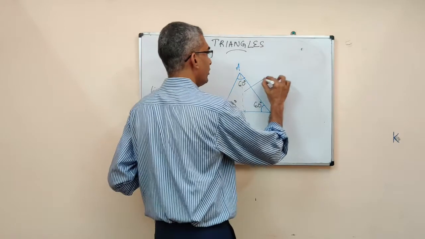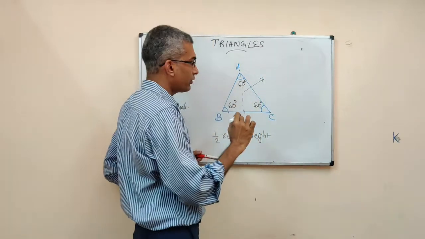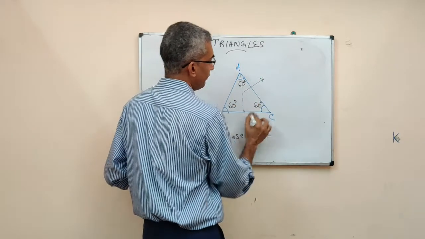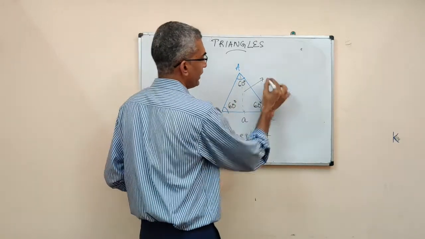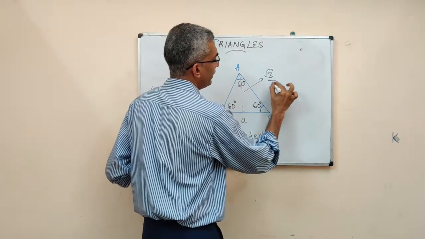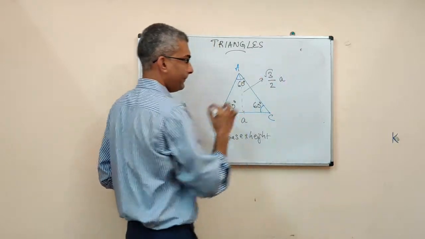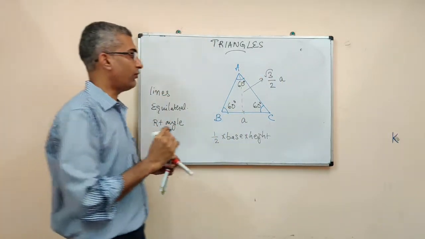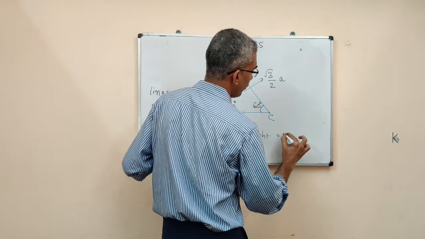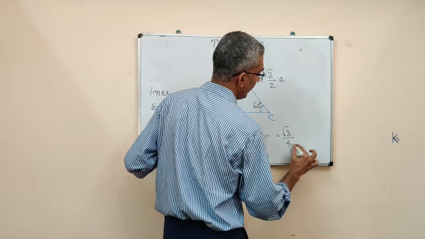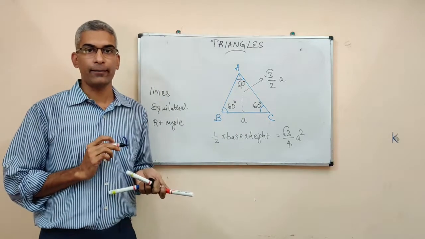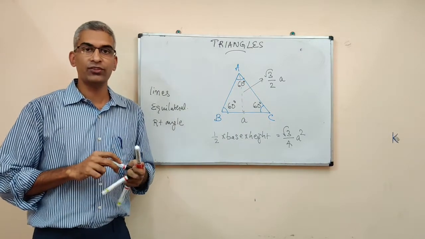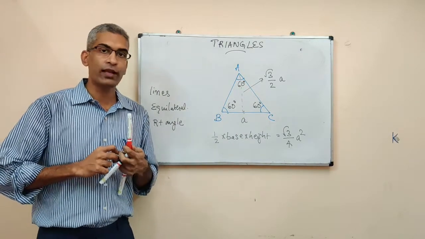This side, if you calculate using Pythagoras theorem, you will find, if I say one side is small a, then I can say that the altitude will be root 3 by 2 a, and subsequently I will find that the area will be root 3 by 4 a square. This is the area of an equilateral triangle. Now that we know some basic aspects of triangle, let us do a couple of problems.